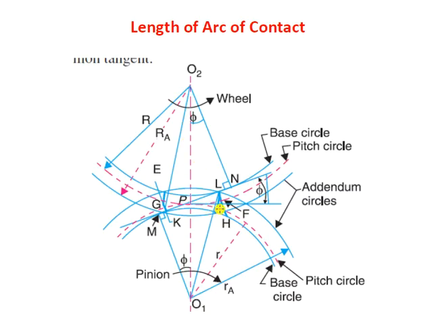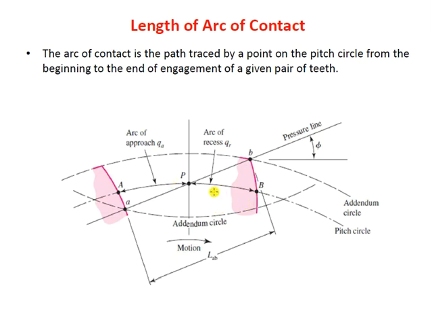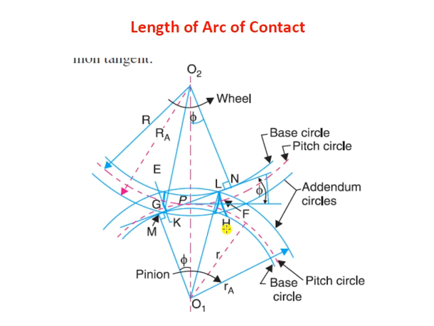Because it is not visible in the other diagram, that's why I followed this diagram. Here you can clearly see the arc of approach and arc of recess, but the notation is different. So the first arc is GP, the second is PH, and GH is your arc of contact.